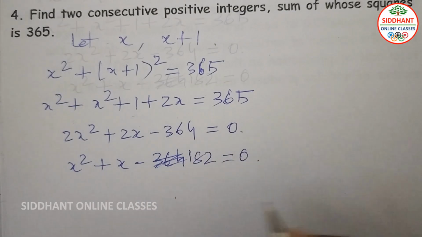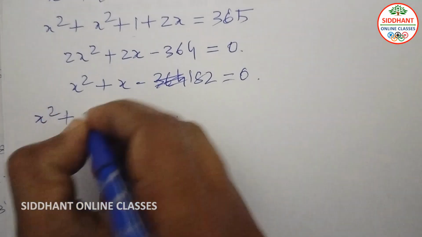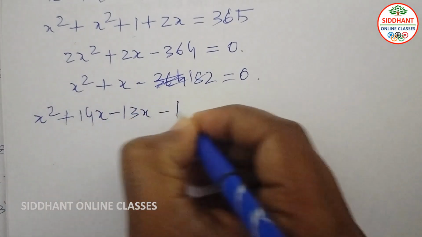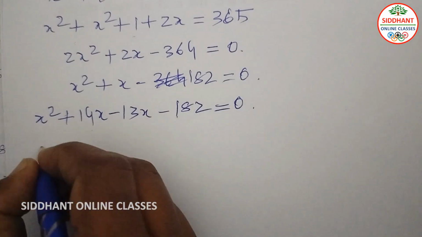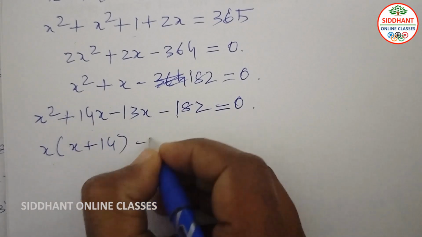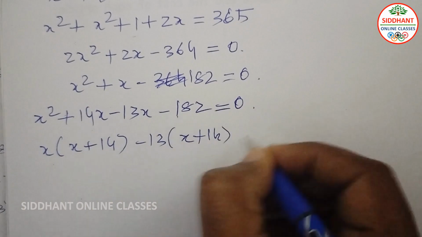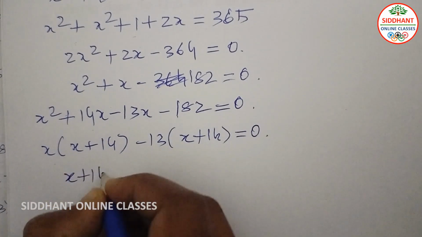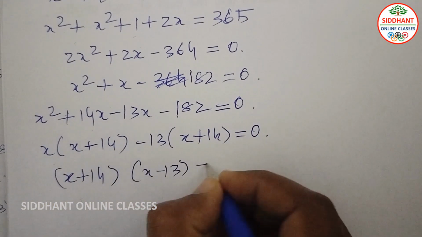Now taking roots here, which is x square plus 14x minus 13x minus 182 equal to 0. So x common we are going to take. So x plus 14 minus 13 times x plus 14 equal to 0. So one is x plus 14, another is x minus 13 equal to 0.